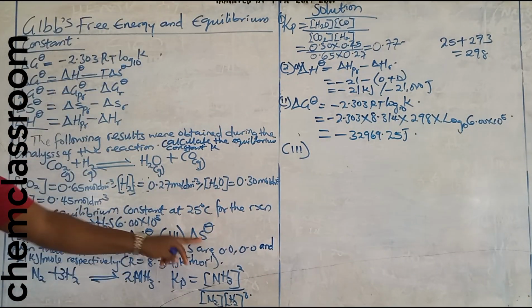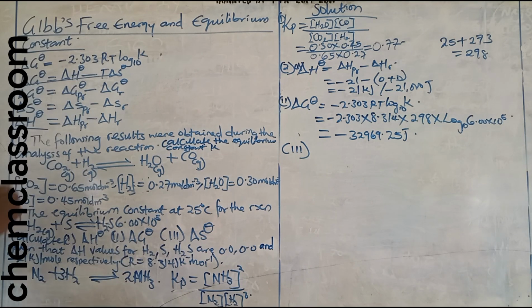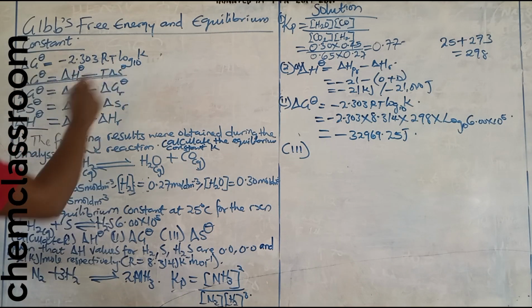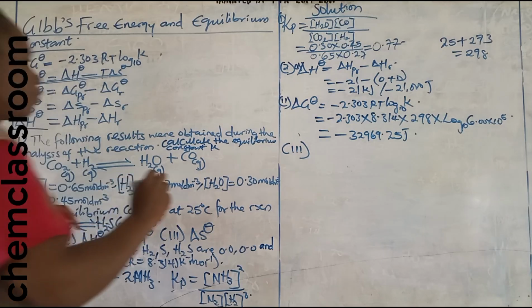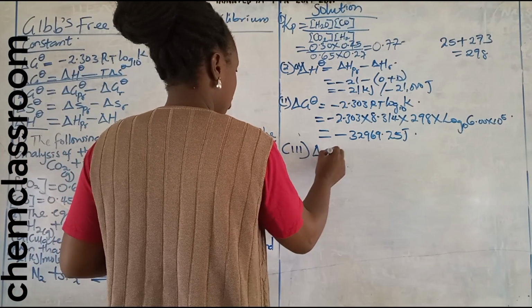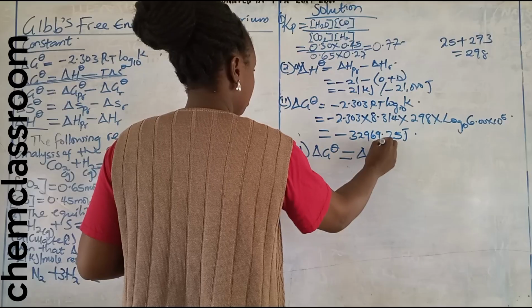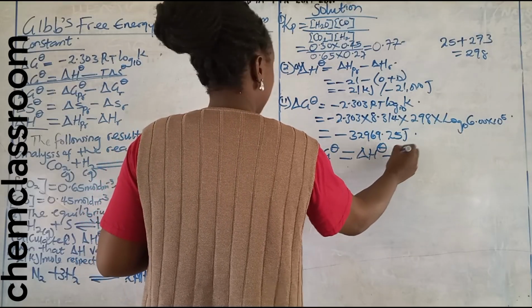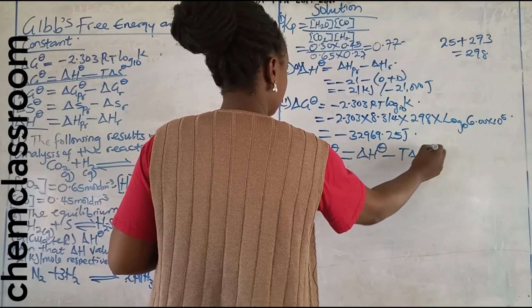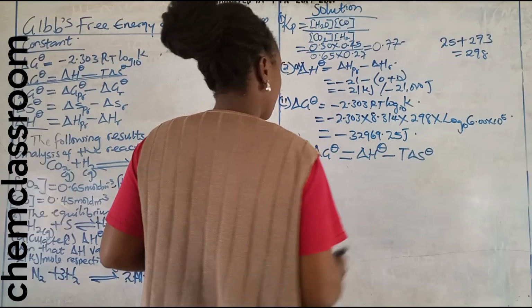We are to calculate our delta S. So we'll be using this formula and we'll make delta S the subject of the formula. So standard delta G equals delta H minus T delta S standard.